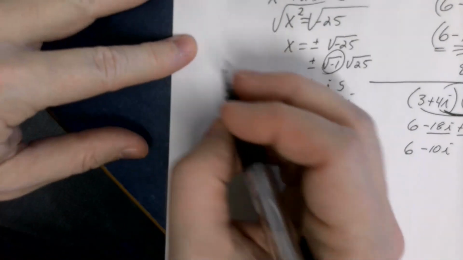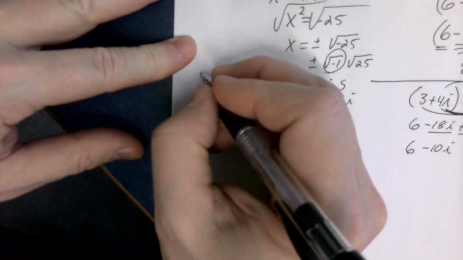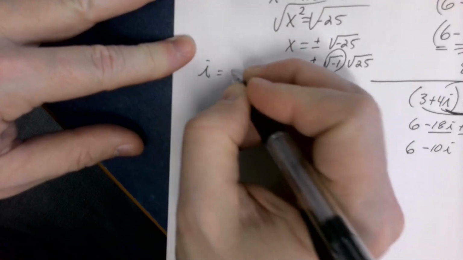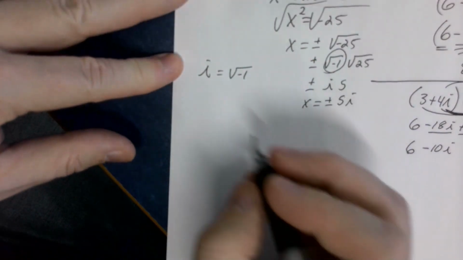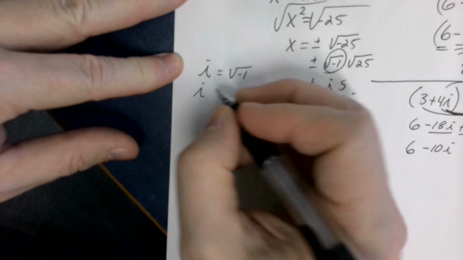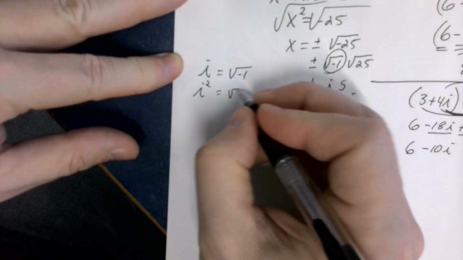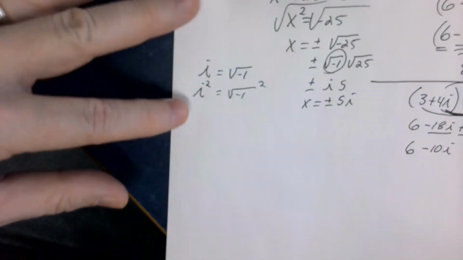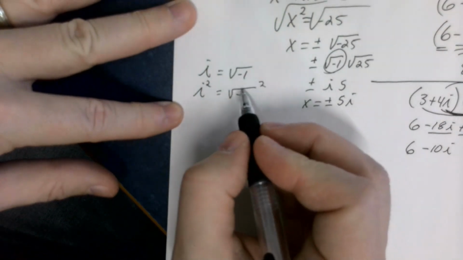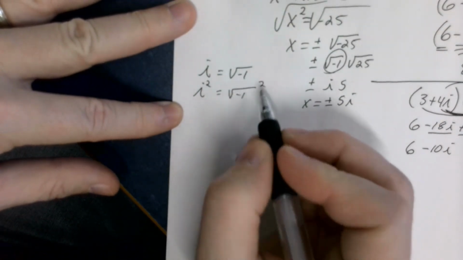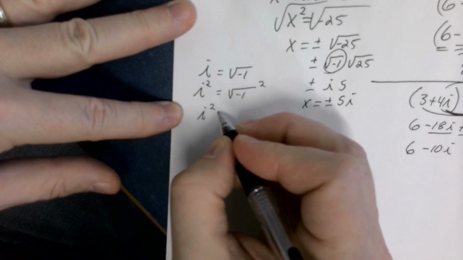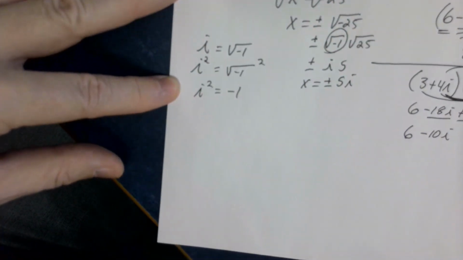So let's come back over here for this moment. If i is equal to the square root of negative 1, then i squared must be the square root of negative 1 squared, and the square should kill the square root. So i squared must equal negative 1.